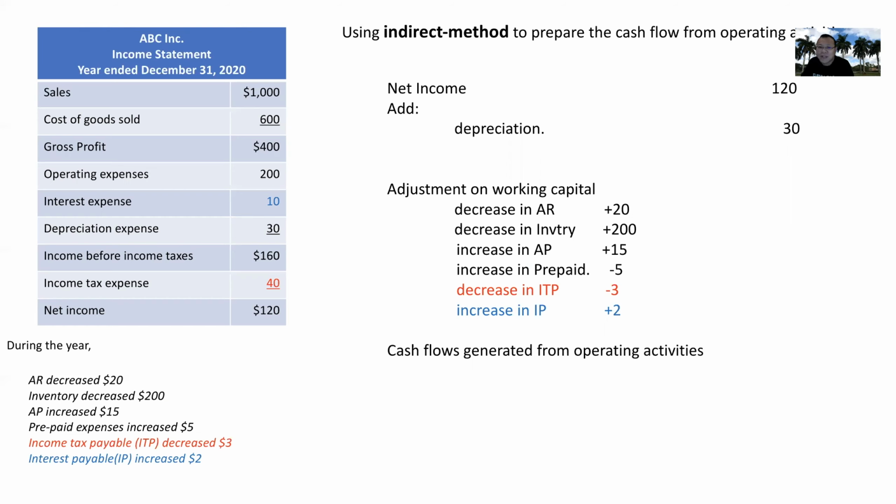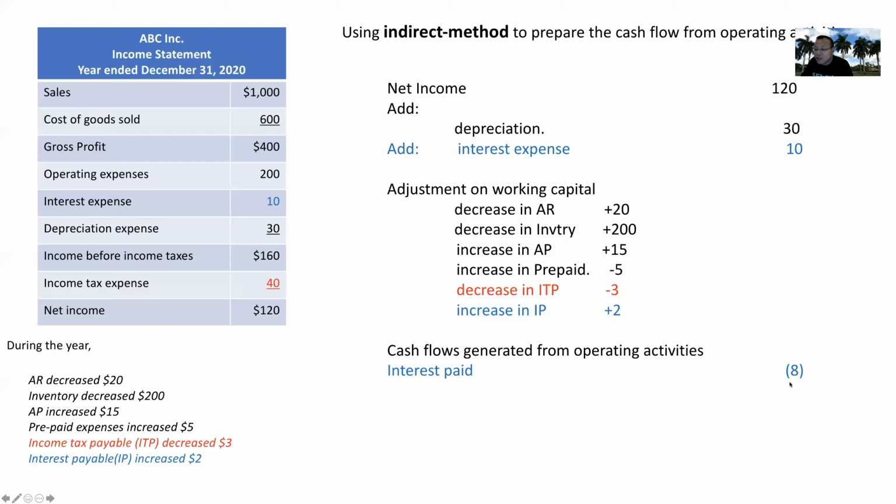Let's take a look. We are going to first add back interest expenses, because this is not considered as cash flow. You add back interest expenses, $10, and then you want to show what's the cash outflow for the interest paid.